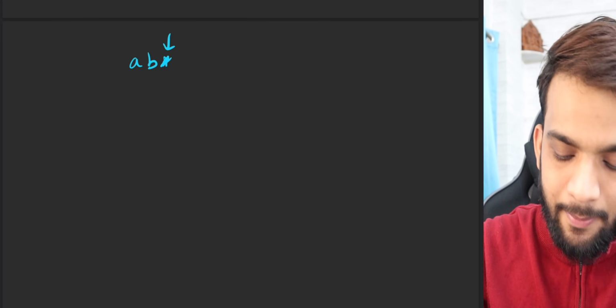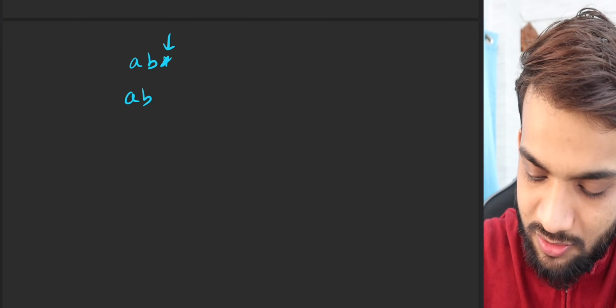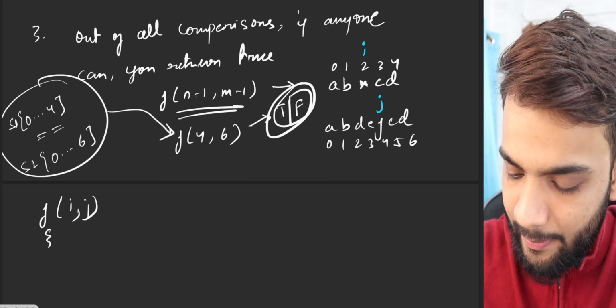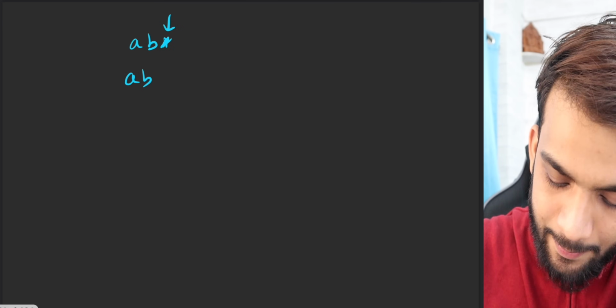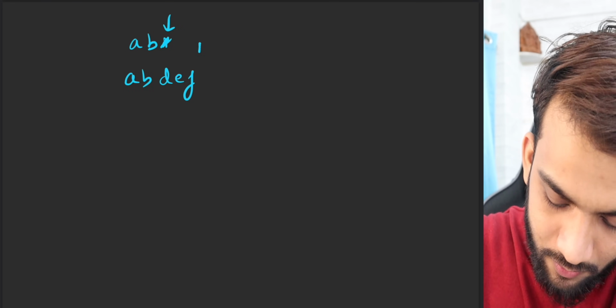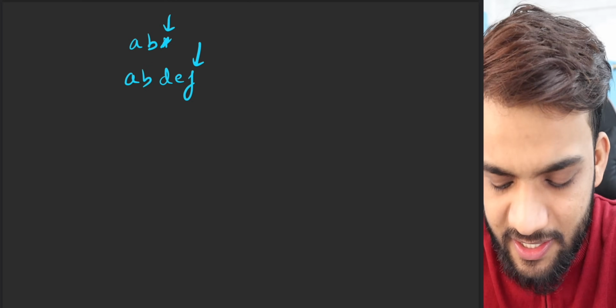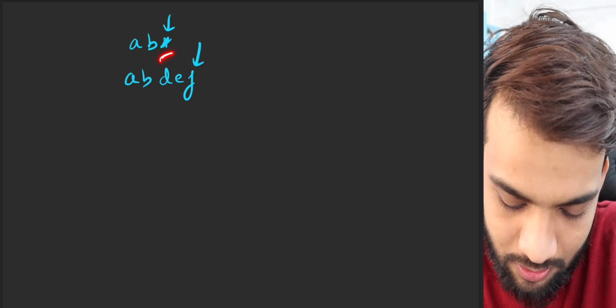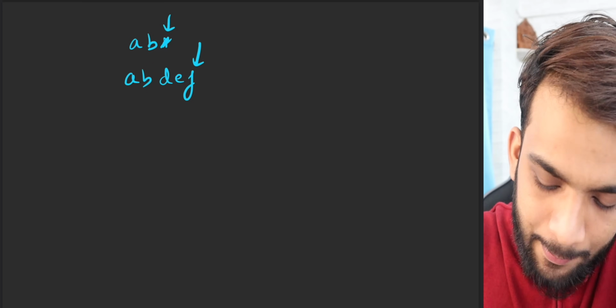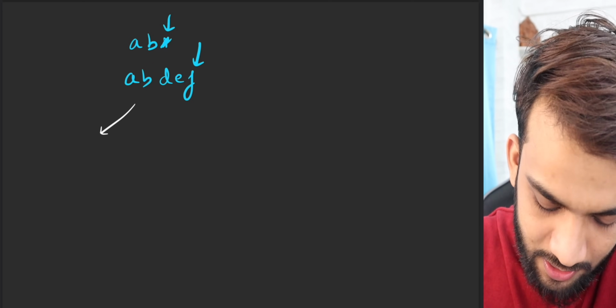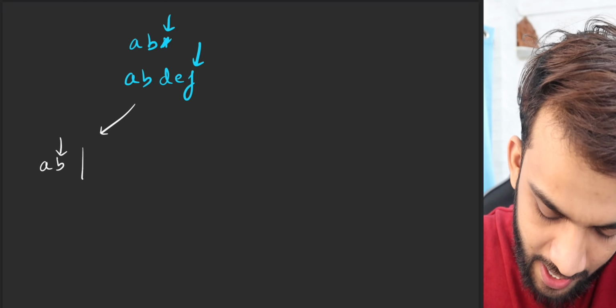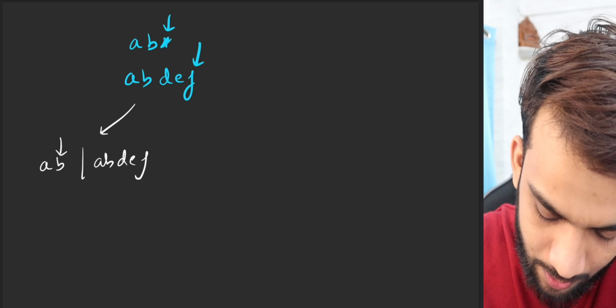Assume let me write this recursion over here. Assume you are at AB star, okay? And this was AB, no, what was it? I forgot. ABDEF, yeah. ABDEF. Perfect. So I'm saying this star, hey listen, you are no one. So I'm calling a branch where I'm saying, okay, go to this and now start comparing.